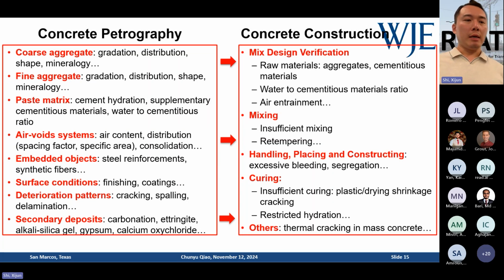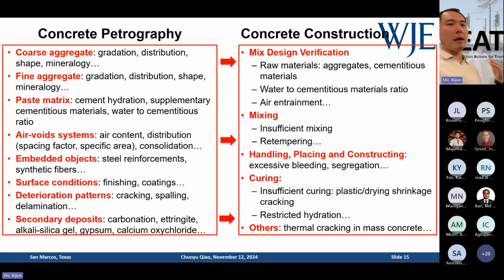And another secondary deposit we pay a lot of attention to, as I mentioned a few times, is alkali silica gel. Basically, we call that ASR gel. It is a major reaction product for ASR deterioration, and gypsum for sulfate attack, or calcium oxychloride, that's for deicer damage.